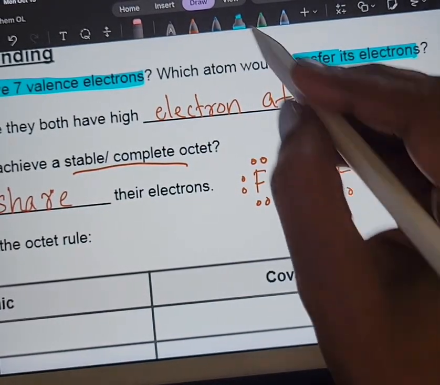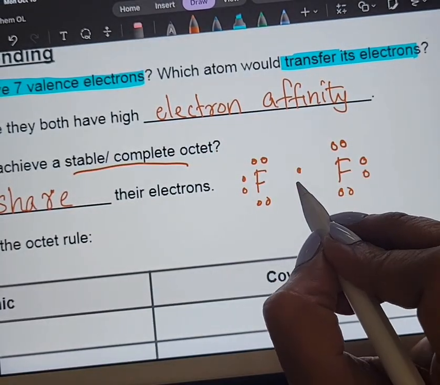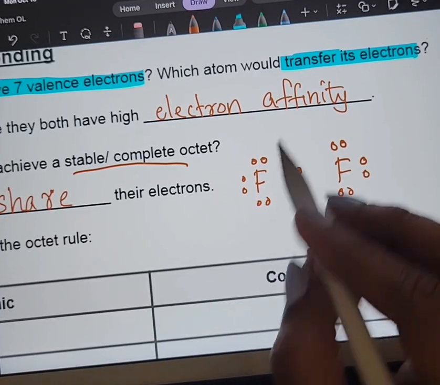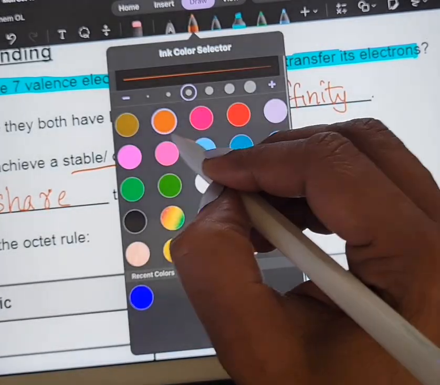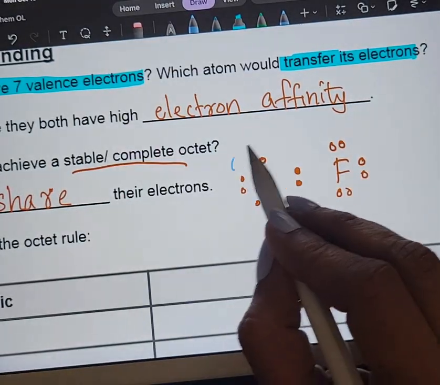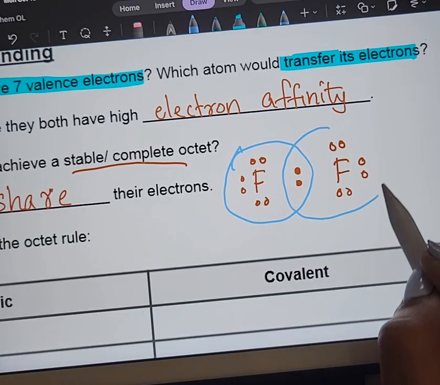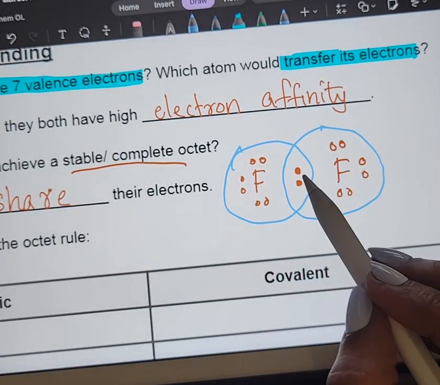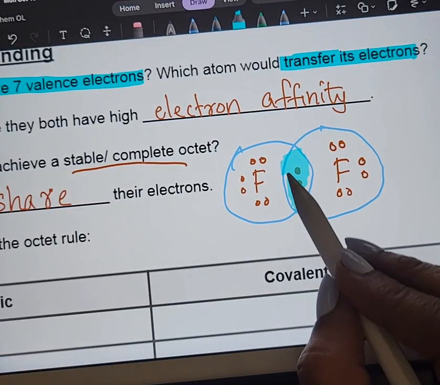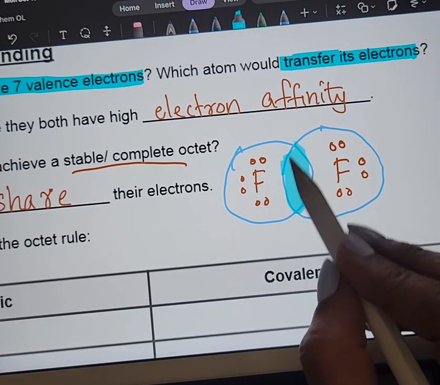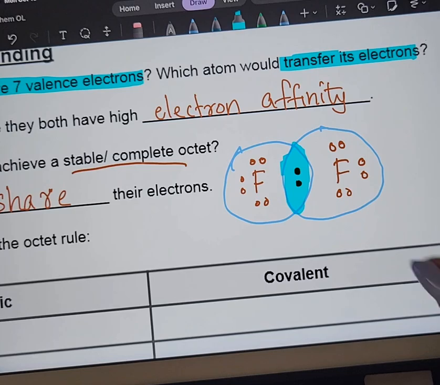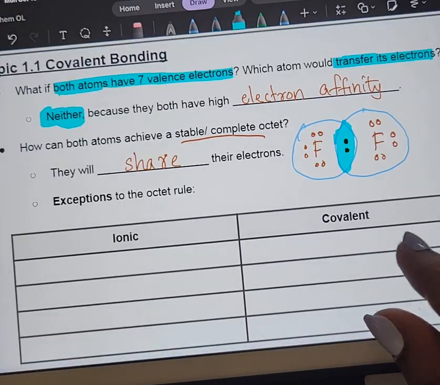They will share their 1 electron like this. After sharing, this fluorine got 8 electrons and this fluorine also got 8 electrons. This is the shared pair between them. That's how they are sharing electrons to get octet.